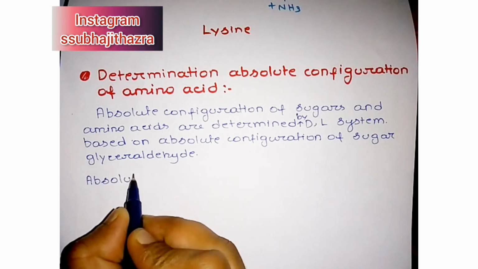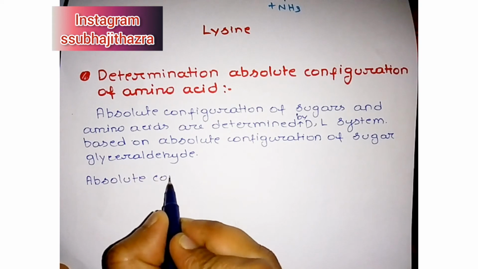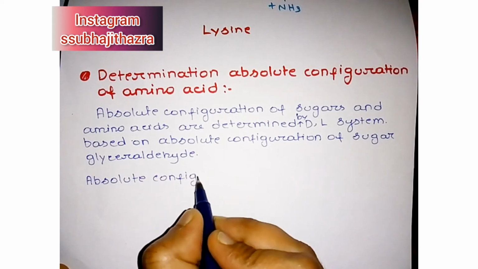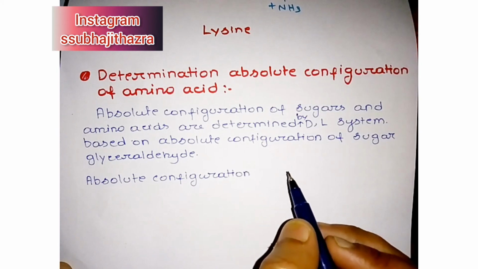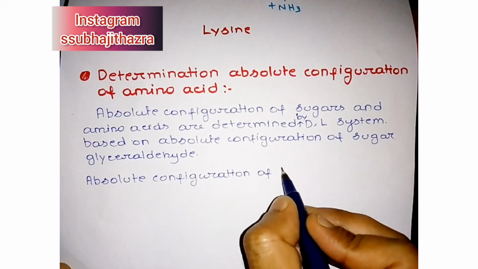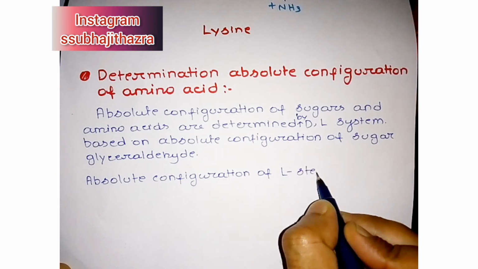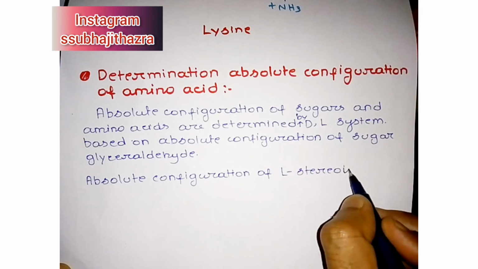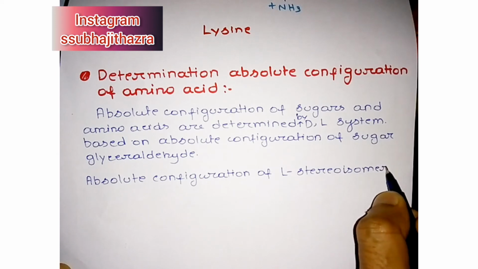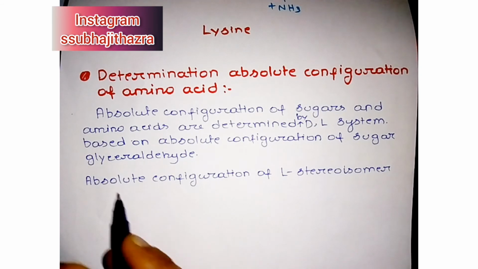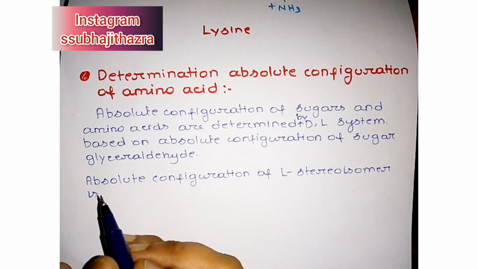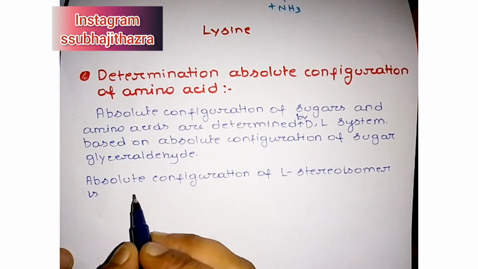So, the absolute configuration of the L-stereoisomer. Amino acids have two possible stereoisomers, and these types of stereoisomers are called enantiomers. We already discussed it in the earlier videos, please check out those videos.